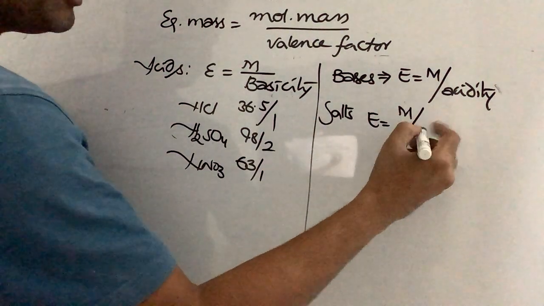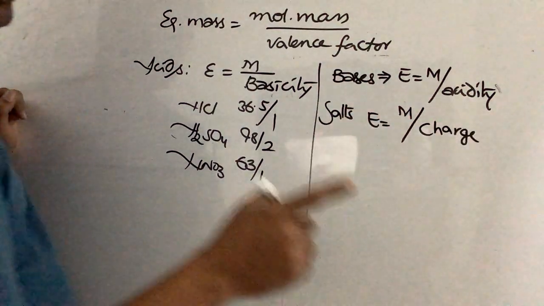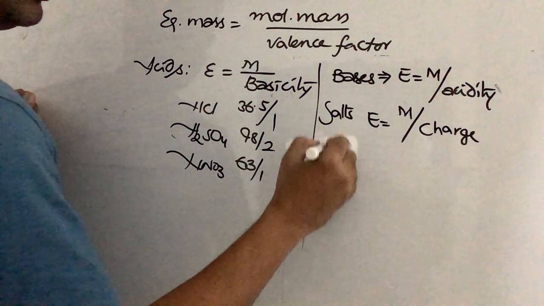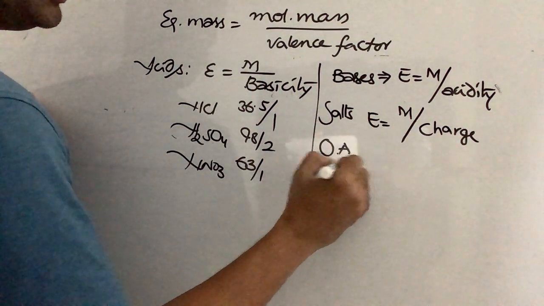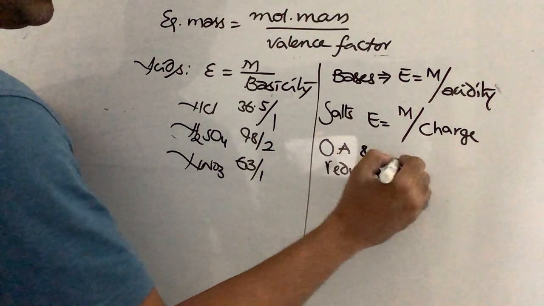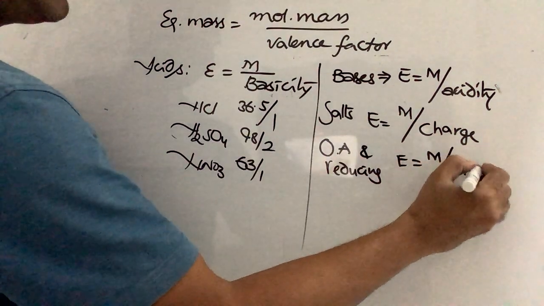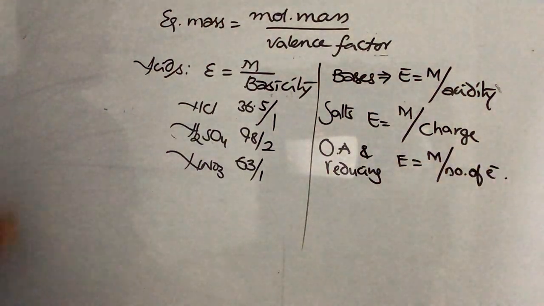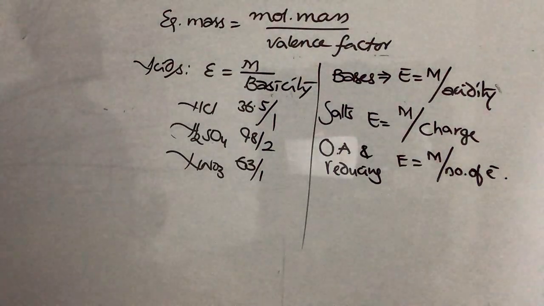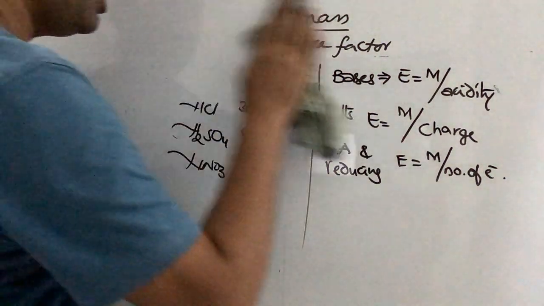Molecular mass divided by charge of cation or anion, any one only, charge of either cation or anion. And oxidizing agents and reducing agents, then equivalent mass is equal to molecular mass by number of electrons involved. By using this, you can calculate the equivalent masses. From that, you can calculate the normalities.